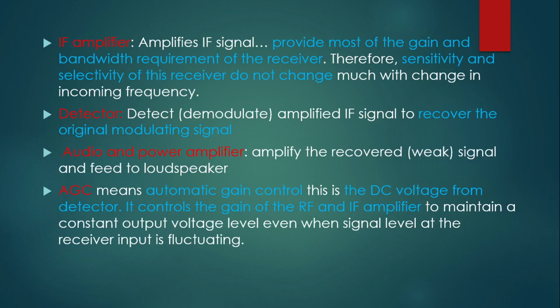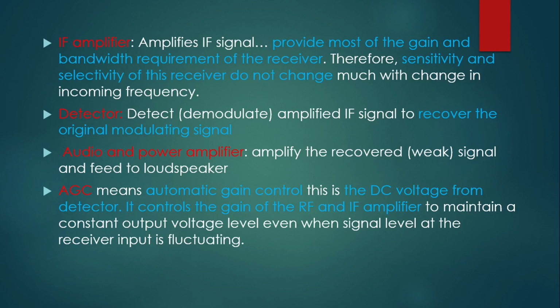Next stage is the detector or demodulator. The job of the detector is to detect or demodulate the amplified IF signal in order to recover the original modulating signal, which is at audio frequency. So at the output of the detector we have the modulating signal or audio frequency signal.